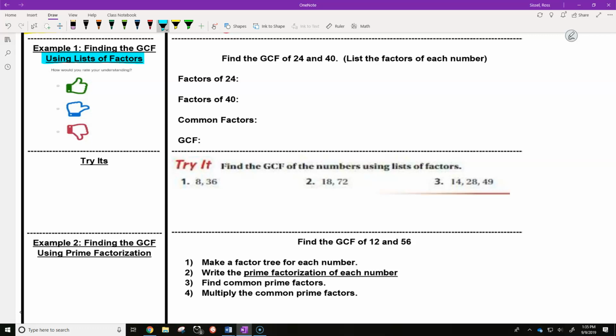So the very first thing, it says example 1, finding the greatest common factor using a list of factors. You might underline or highlight that. Method 1: on your homework tonight, you do have to show me this method. It will say list of factors. Right here in our notes is where we're going to do it. I have 4 lines that I will use.